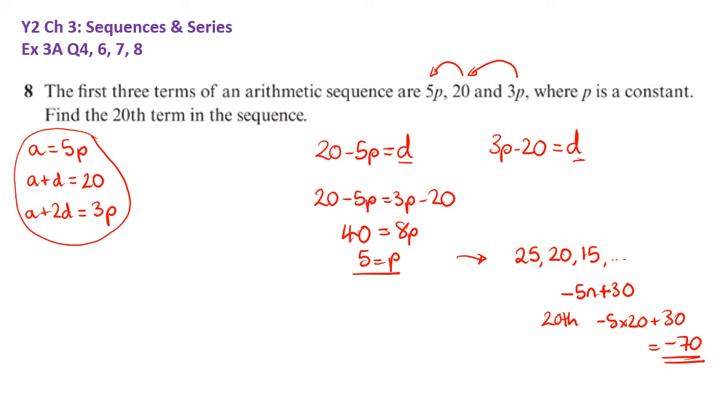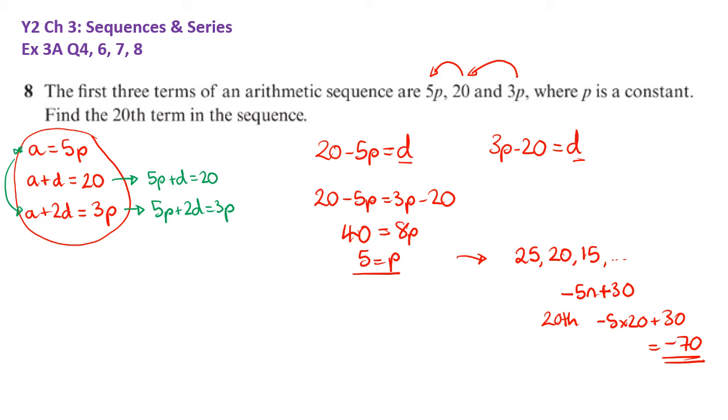Possibly what you've done is if you're working with this set of equations over here, you could have plugged A is 5p into this one, and that would give 5p plus d equals 20. You could have also plugged it into here, potentially to give 5p plus 2d equals 3p. There's a few different things you could have done with these, but perhaps this.